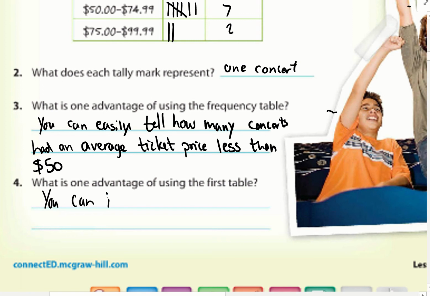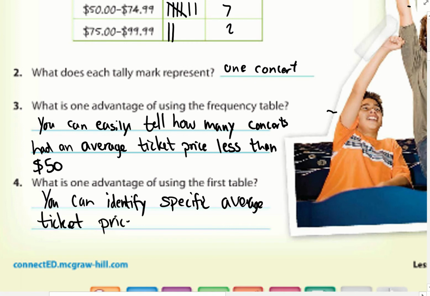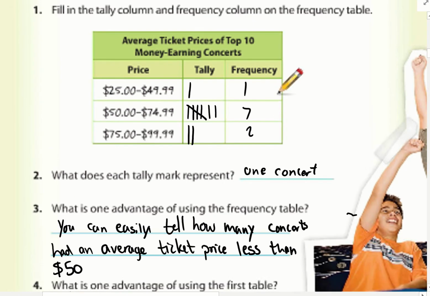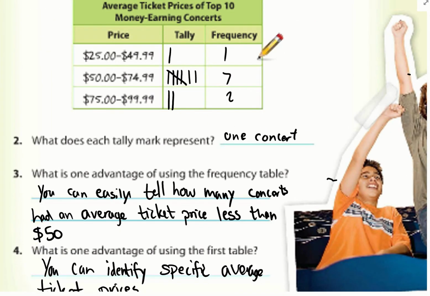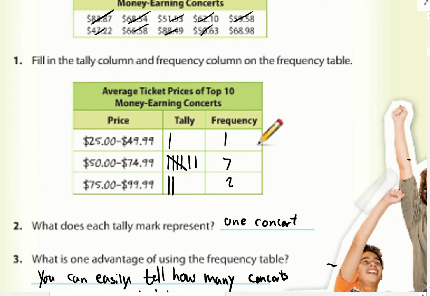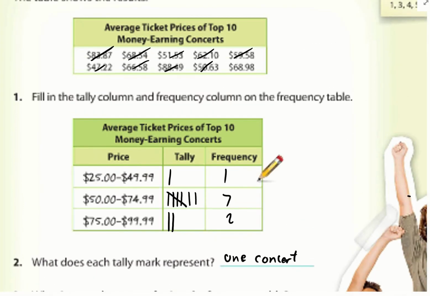You can identify specific average ticket prices. So with the frequency table, we can see how many tickets have an average ticket price less than $50. That's one way. This can give you more specific prices.